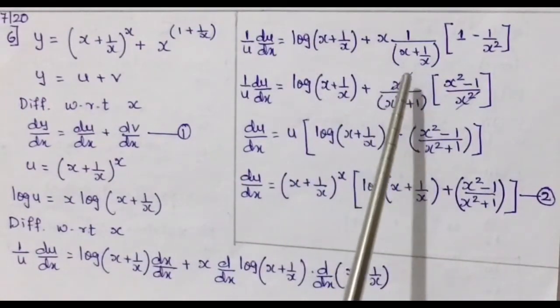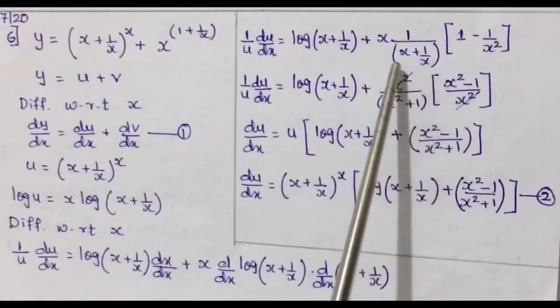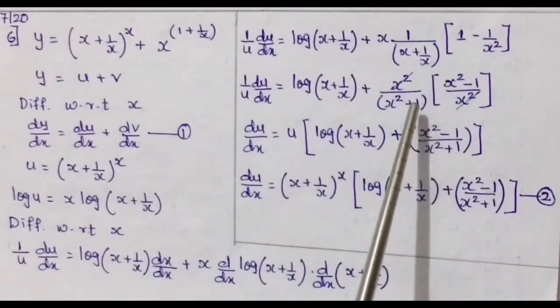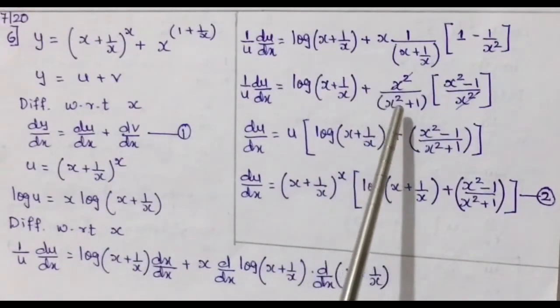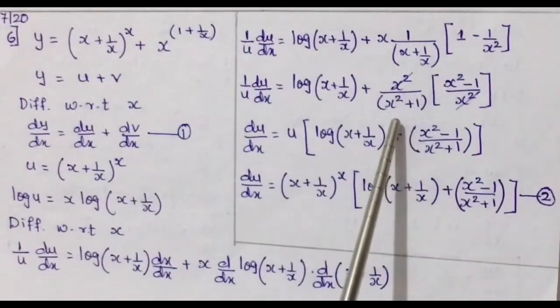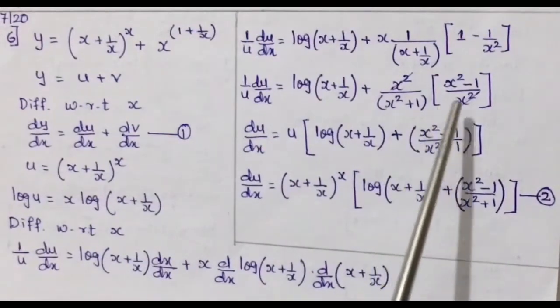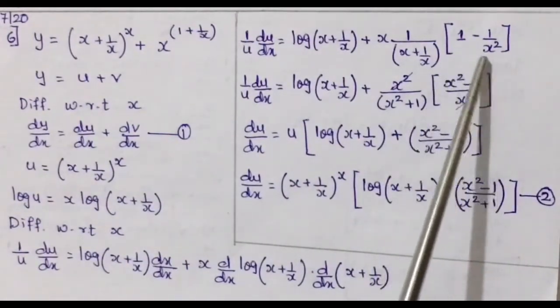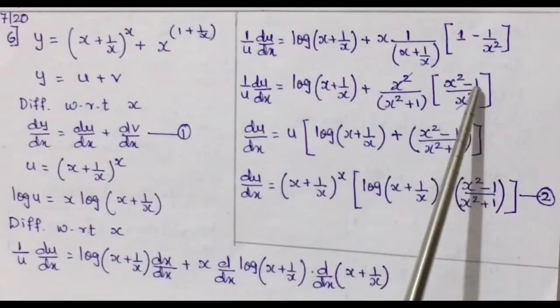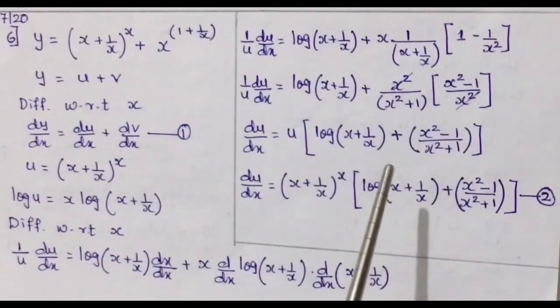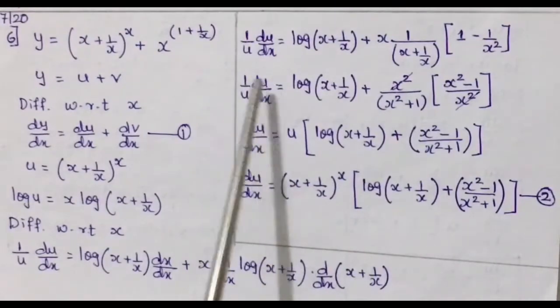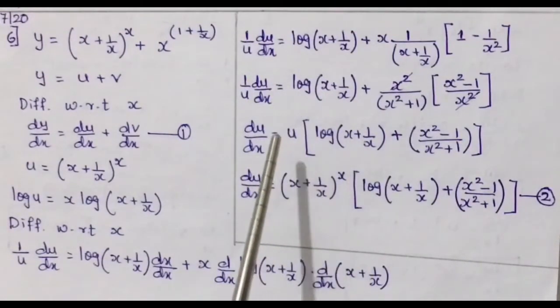Taking up the LCM, we have here (x square plus 1) divided by x. That x goes and gets multiplied with this x. So we get x square upon x square plus 1. Here also taking out the LCM, we have (x square minus 1) upon x square. x square and x square get cancelled. The remaining terms are as they are.